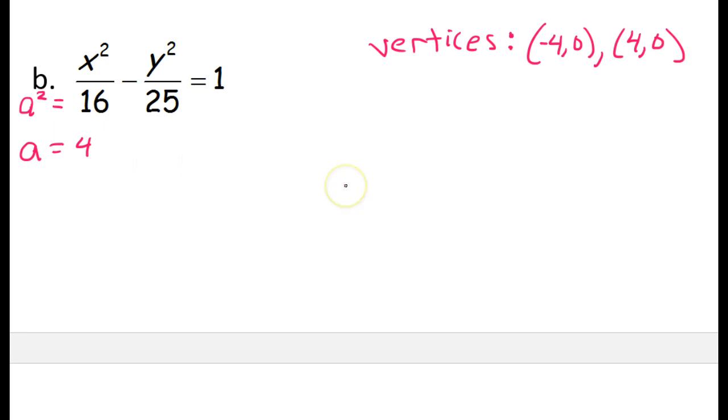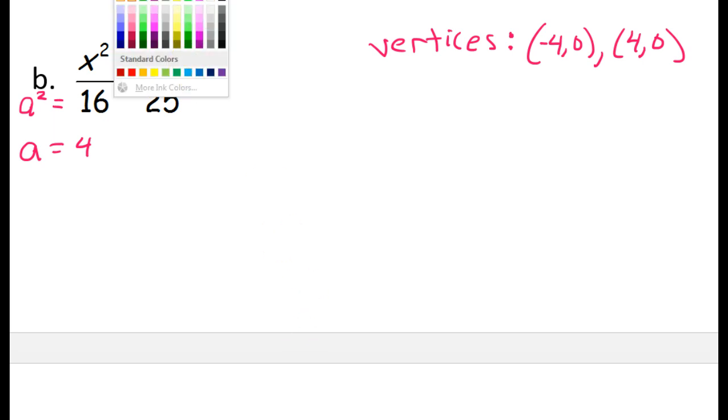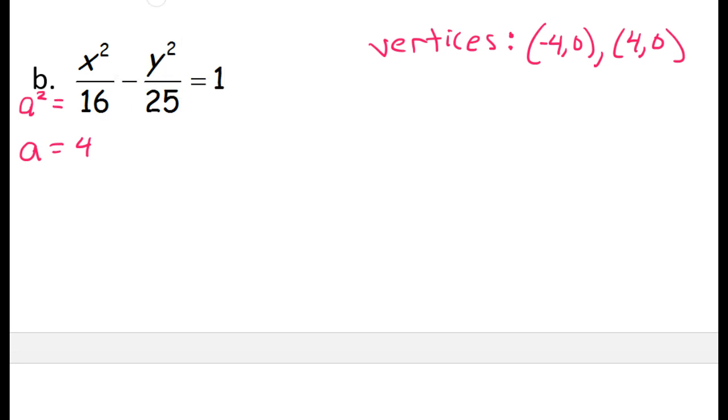Okay, now let's keep going and find the co-vertices because we will need those to be able to find the asymptotes. So the denominator of the negative term is going to be b squared. So this is b squared.